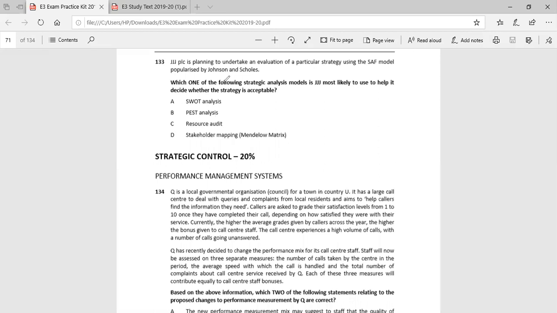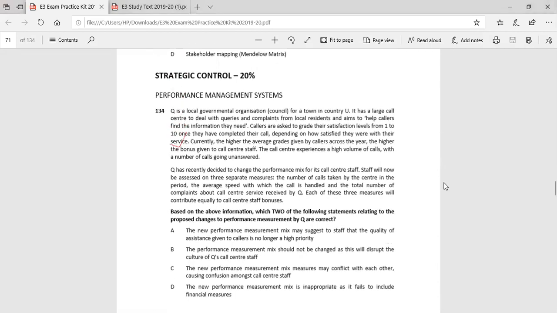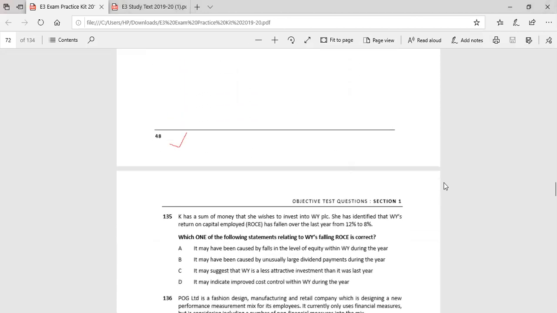So this one also, D is the answer. Stakeholder mapping, that is the answer. Okay, go for a break. Come back in 10 minutes. So then we'll continue with the other questions and then go for change management.